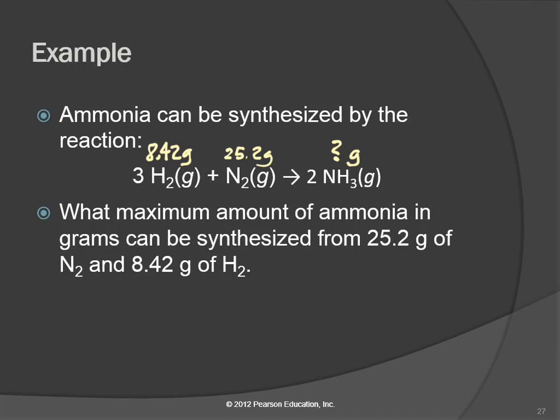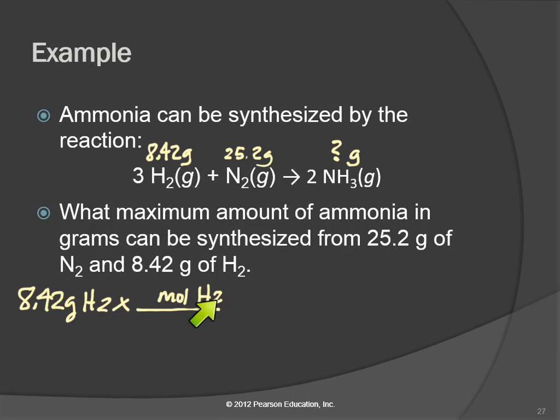Again, the path is grams to moles to moles to grams. So I'm just going to start with the first one, 8.42 grams of hydrogen. And I want to convert this to what? Moles of hydrogen.